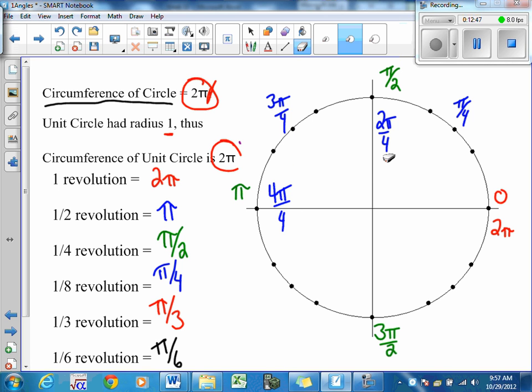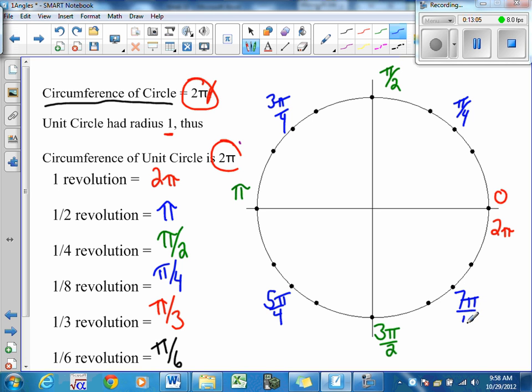However, we don't need the 2 pi over 4 or the 4 pi over 4 because once again they simplify. But if this is 4 pi over 4, this would be 5 pi over 4. 6 pi over 4, that simplifies. 7 pi over 4. Let's do our next one. Pi over 3.